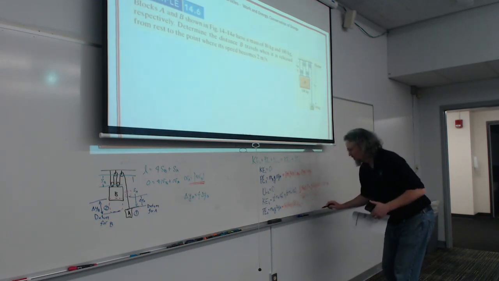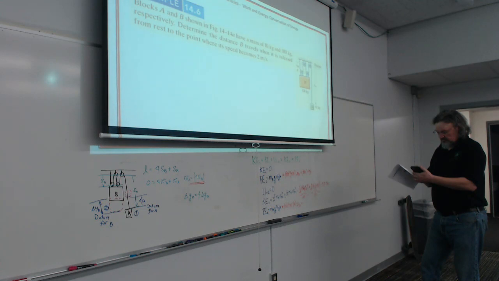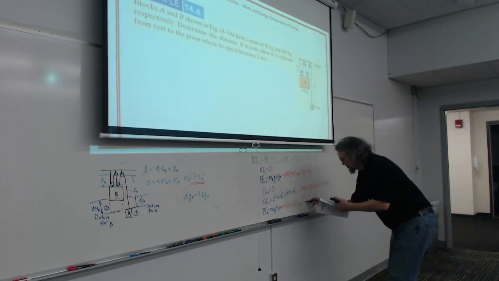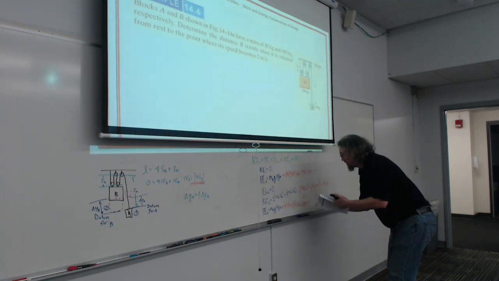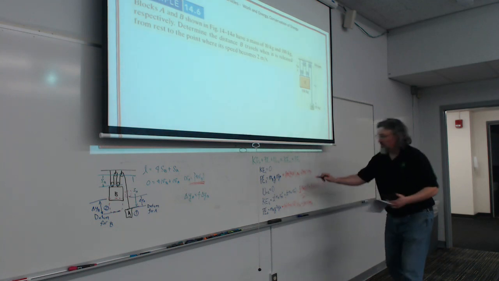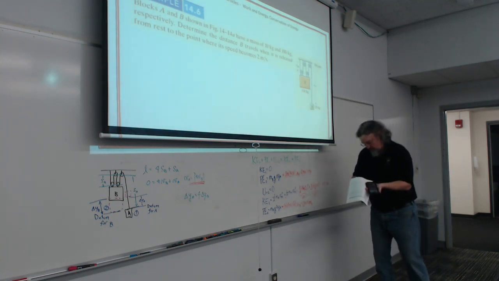And do that with 40 times 9.81, 392.4 delta YB. All right, so we stick all those back up into this equation that we wrote at the top.